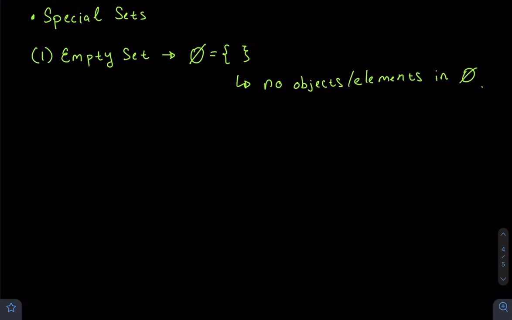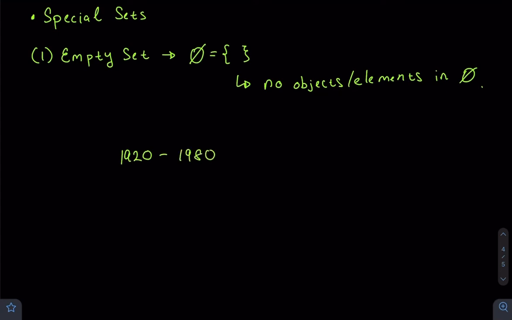Maybe a description will help, an example. Imagine we want the set of all the iPhones that came out in the years 1920 to 1980.